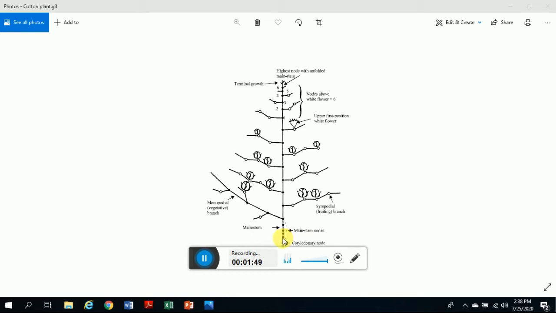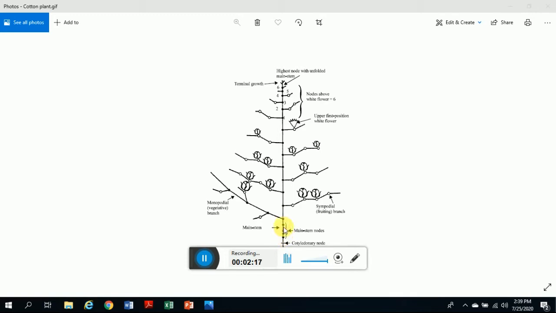Let's say from this node to this node, it will take 2.5 days. From this node to this one, it again will take 2.5 days, and from this node to this node, it will again take 2.5 days. Similarly, from this node to this node, it will take 2.5 days.